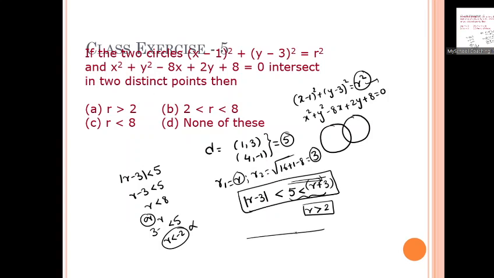So one answer is r greater than 2, the other answer is r less than 8. So what is the answer? r belongs to (2, 8). Okay, clear?